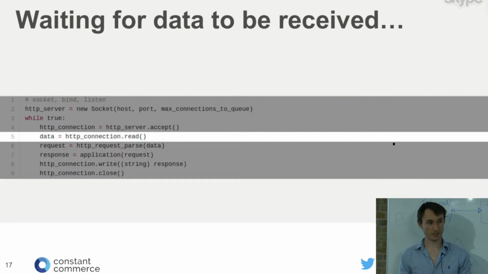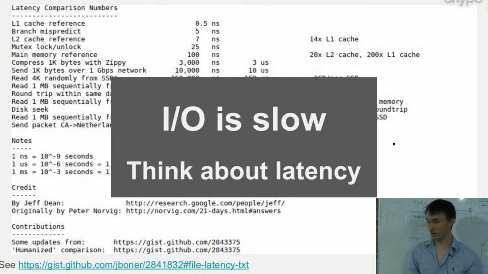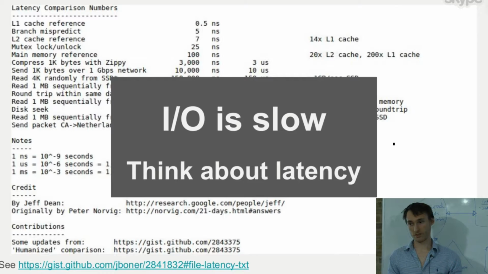With this client, you can wait for data to be received. That's the request. By the way, side note, I/O is very slow. You have many types of I/O. There's a table that basically says the processor is very fast, access to memory is a bit slower, and then access to the hard drive is much slower, and the slowest one of all is network.